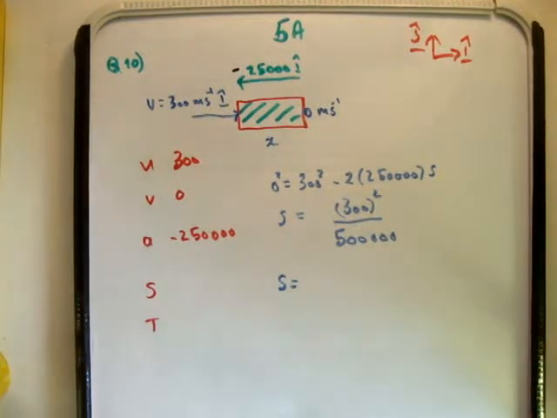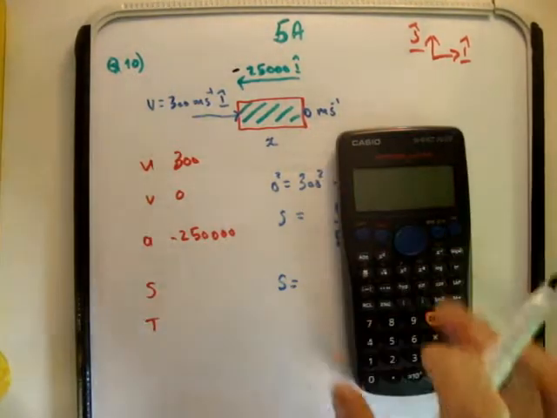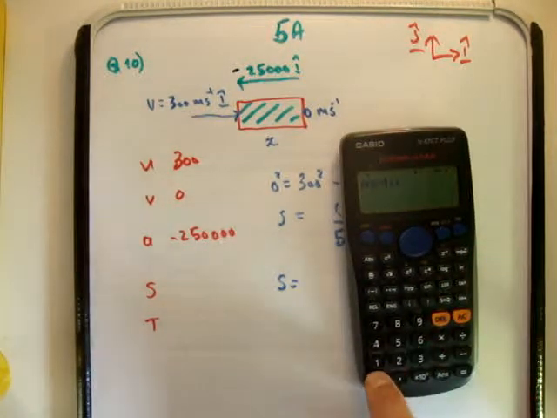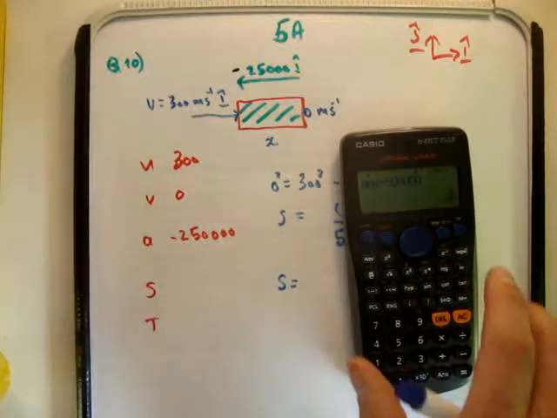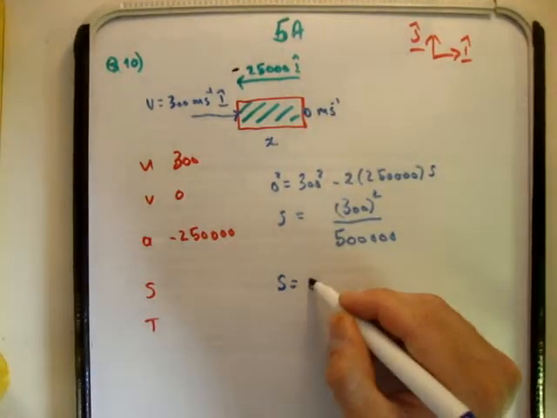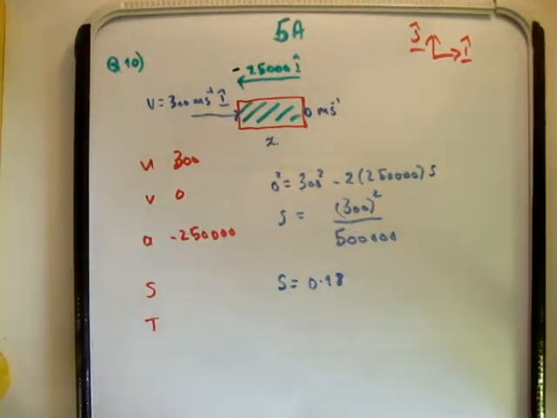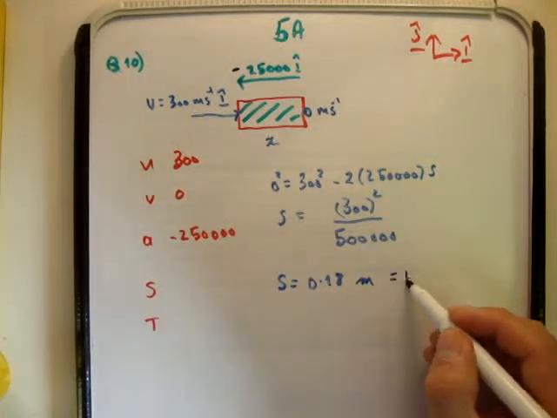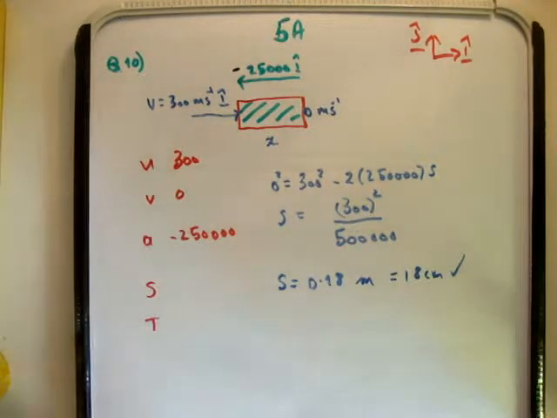So just pull out the calculator, so you have 300 squared, and you need to divide that by 500,000. We get an answer of 0.18. Now if we look at our units, what is that? That's 0.18 meters, or you could say that is 18 centimeters. That's the answer given in the back of the book.